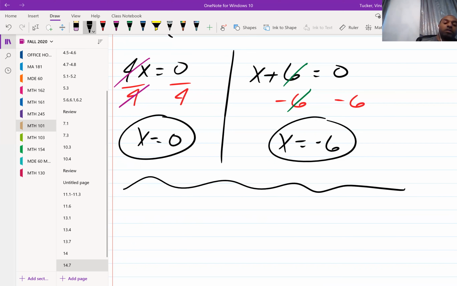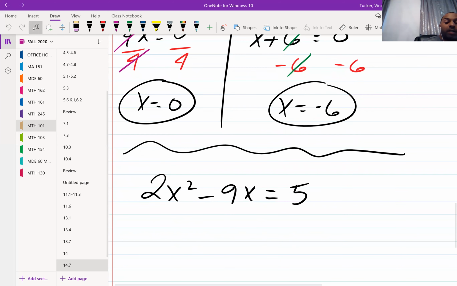All right, let's see, what's another good one? So here we have 2x squared minus 9x equal to 5. The first thing we want to do is make sure that one side is set equal to 0.